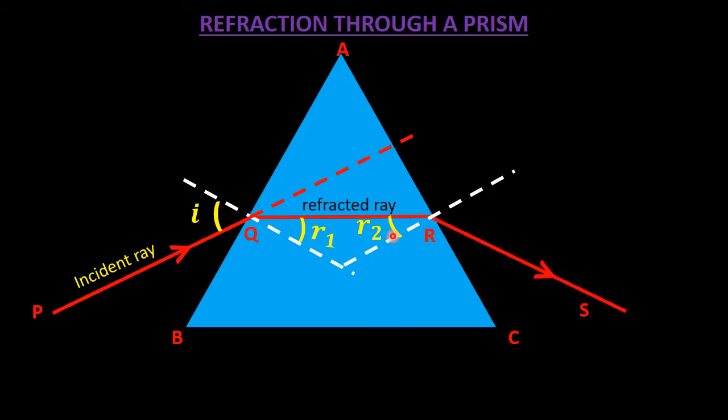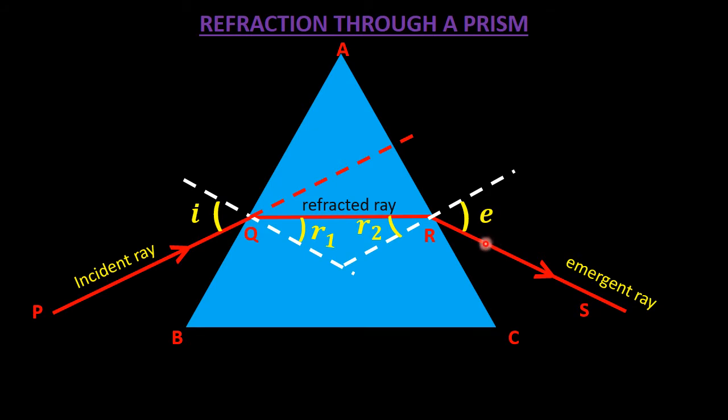Then we draw the emergent ray RS. As the ray is traveling from denser to rarer medium, it bends away from the normal. The angle between the emergent ray and the second normal we call the angle of emergence, and it is represented by small e.